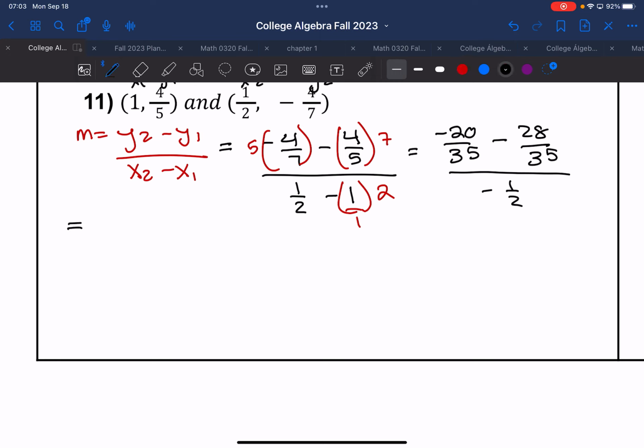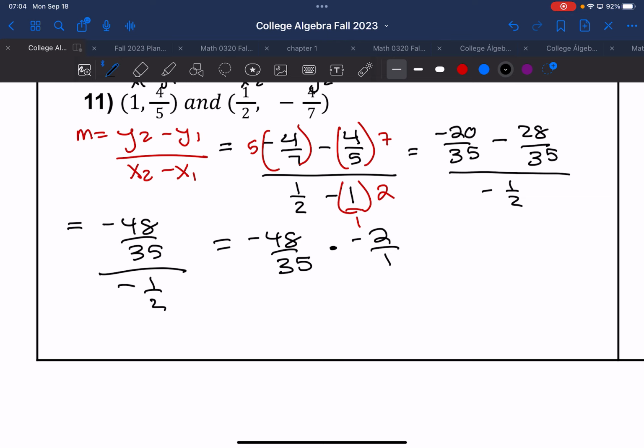So now simplifying the numerator, we have -20 minus 28, which is what number? -48 over 35 over that -1/2. So we have a fraction divided by another fraction. So that means we're going to multiply by the reciprocal. So we have -48 over 35 multiplied by the reciprocal of -1/2, which is -2 over 1.